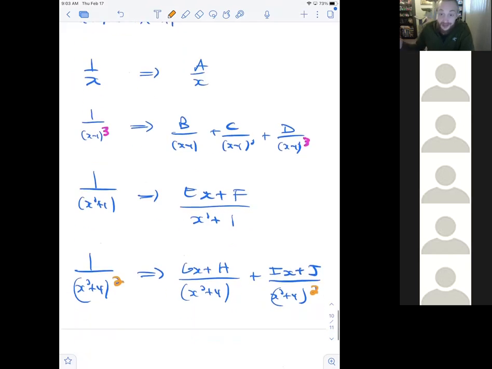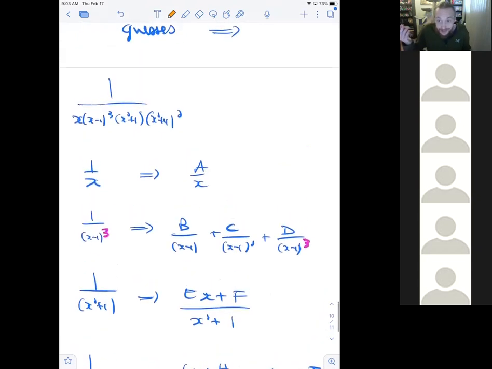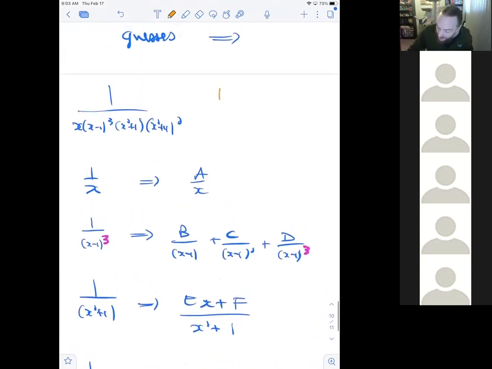The degree is 10, so I should have 10 coefficients, 1 up to 10, up to J. J happens to be the 10th letter in the alphabet, it turns out. So I know how many variables I'm going to have to find based on what the degree of the denominator b is. The degree of b is 10.